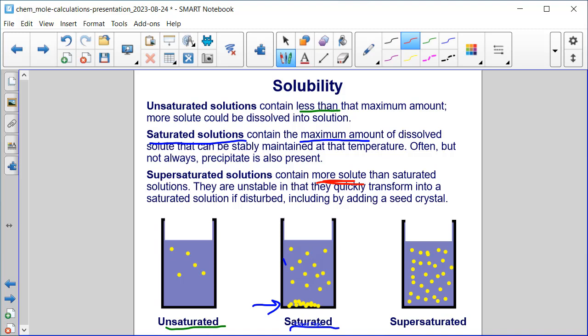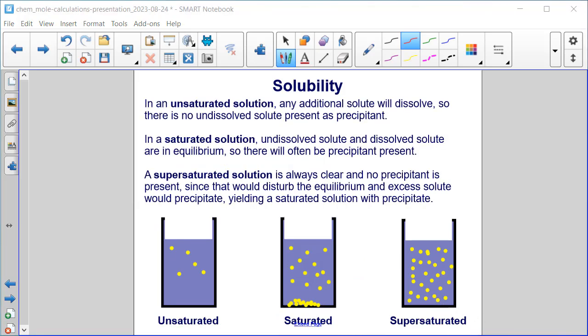So in a supersaturated solution, if you compare these two, you can see that in the supersaturated one on the right, more solute particles are dissolved than the solution can stably hold at that temperature. So any small tiny disturbance and all this excess solute will come out of the solution and you will see it as a precipitate at the bottom.